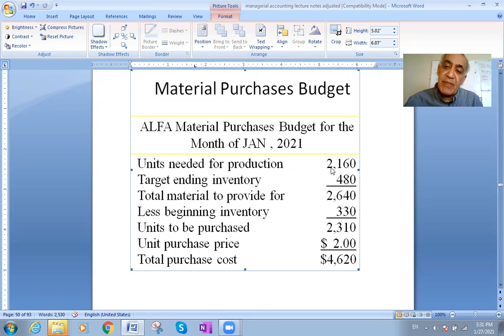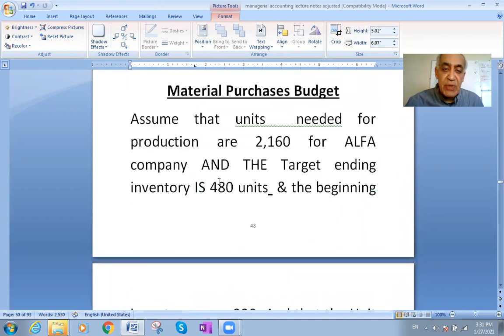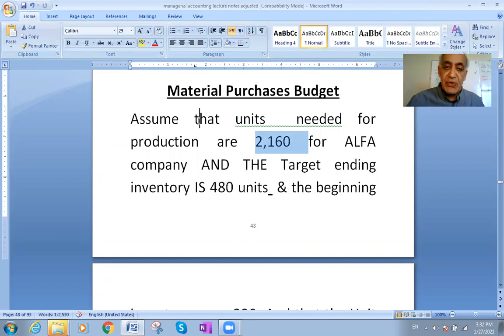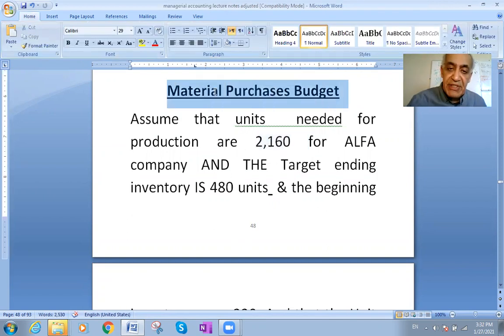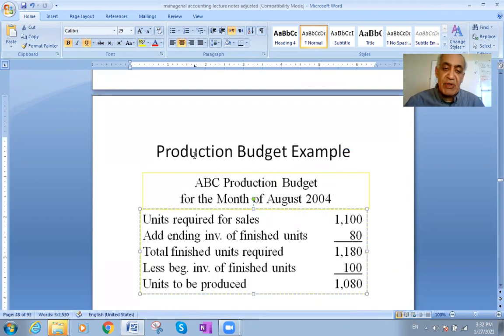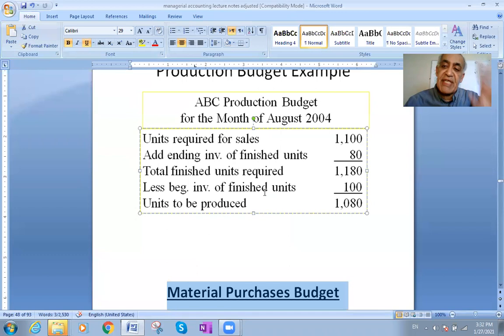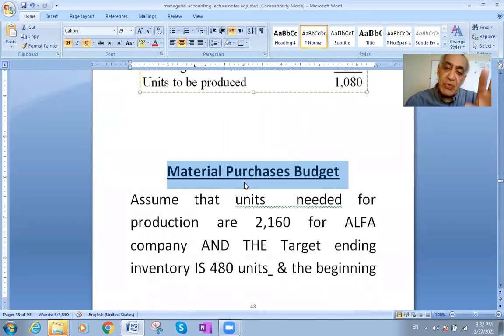What we need for production is 2,160. I know this from the example, which says to assume that the units needed for production are 2,160. We are now talking about the materials purchase budget, not like before, when it was about the units for sale or units to be produced. This is the material. Material purchase means how much material should I buy? This is the meaning of it.